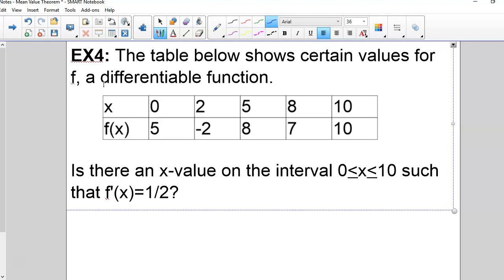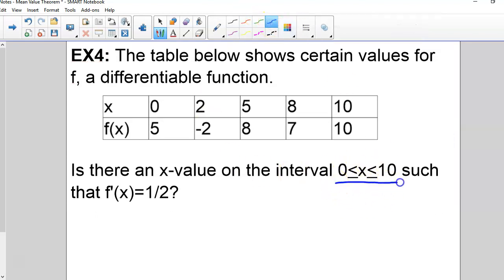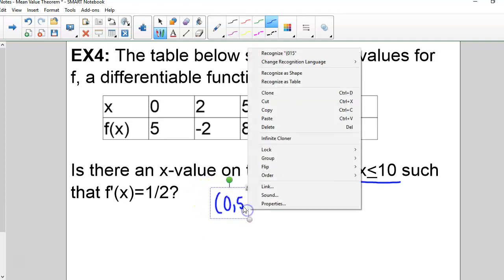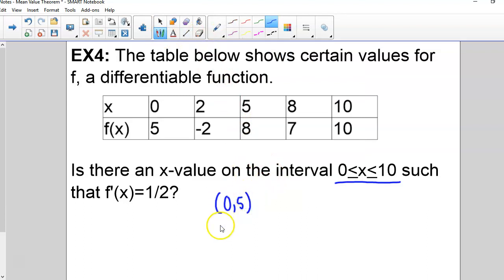Alright, so we're looking on the interval from 0 to 10. So we want to look at the average rate of change on that interval. We've got the point (0, 5), and we also have the point (10, 10). Those are the endpoints of my interval here.